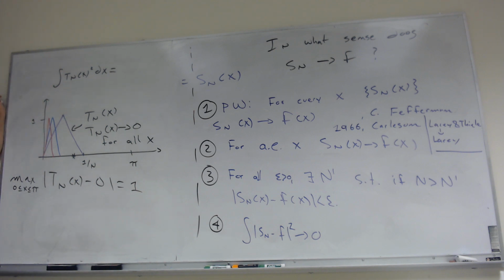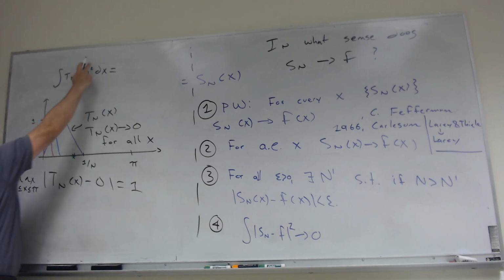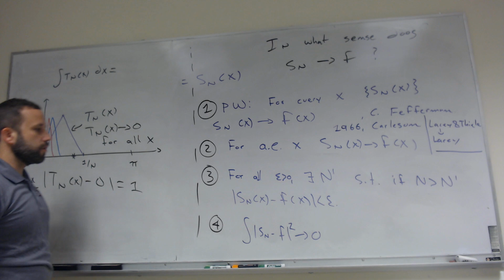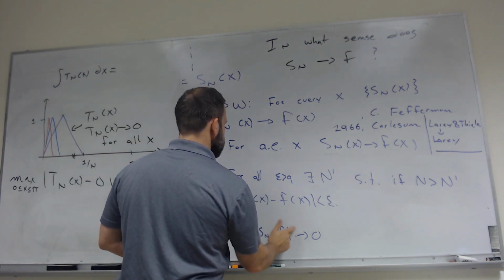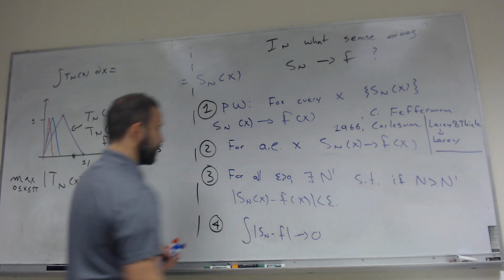So let's see if it converges in that sense. Well, what is the integral going to be? I'm going to punt and let you do this as an exercise, and then look at a simpler example in a minute. So let's just put this back with a 1.